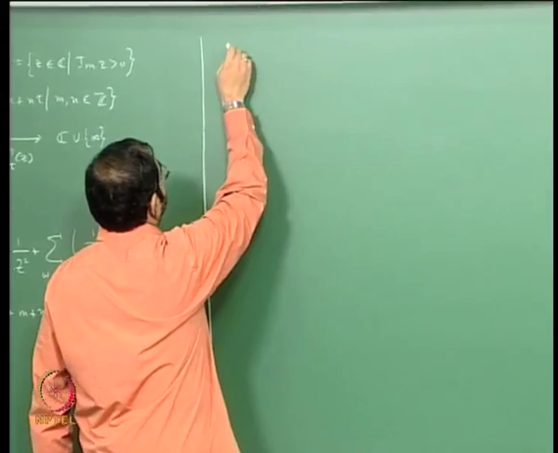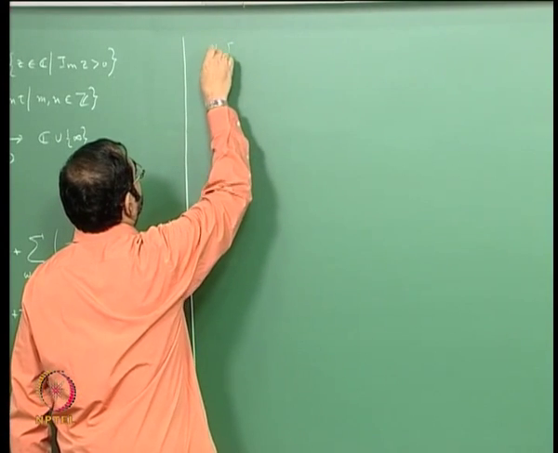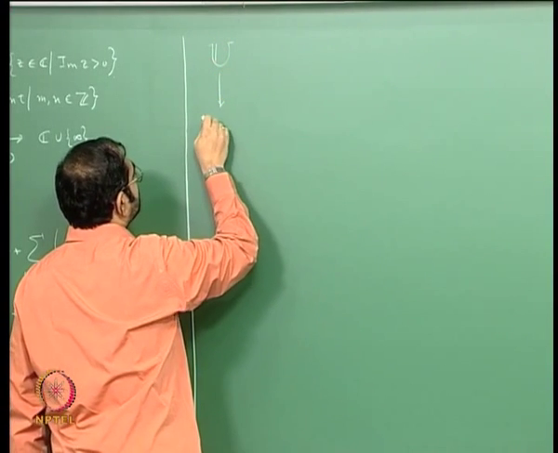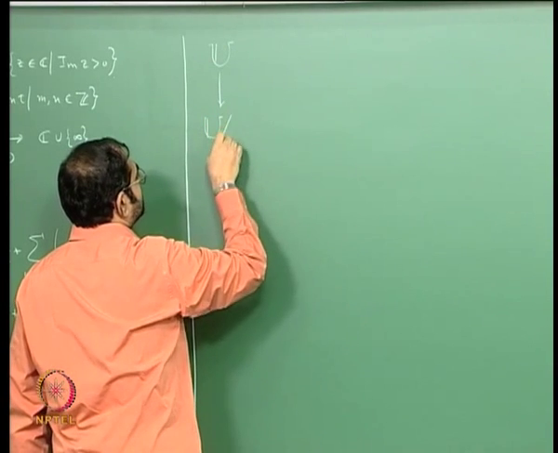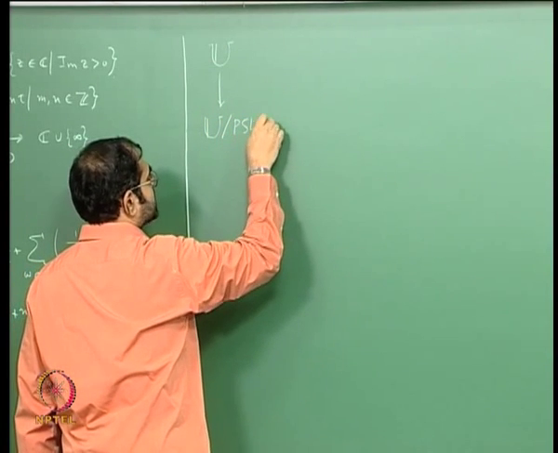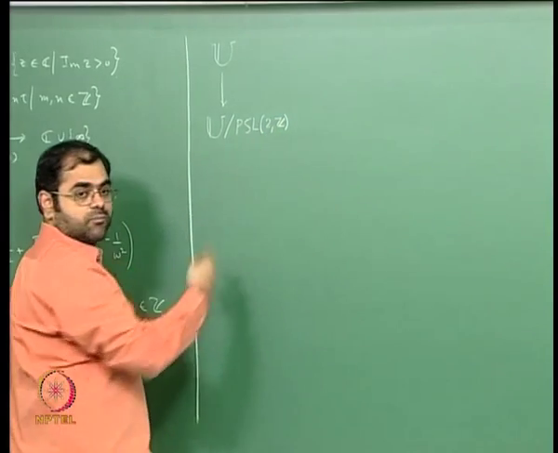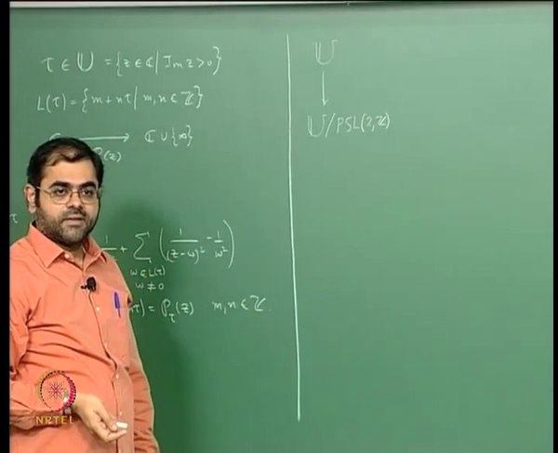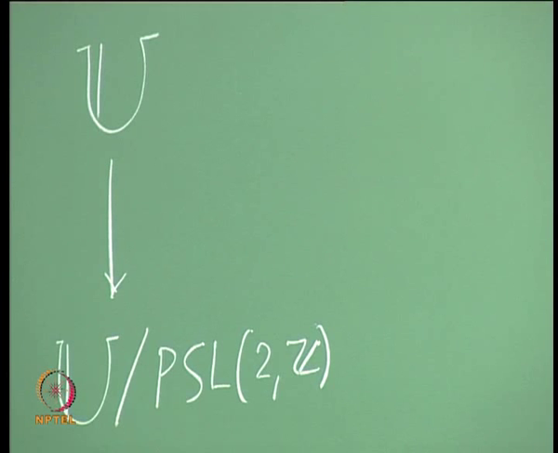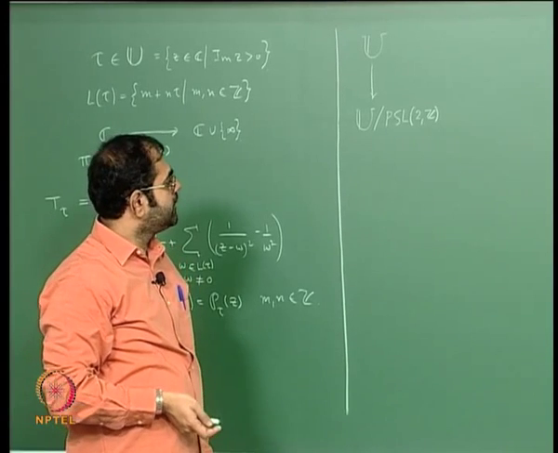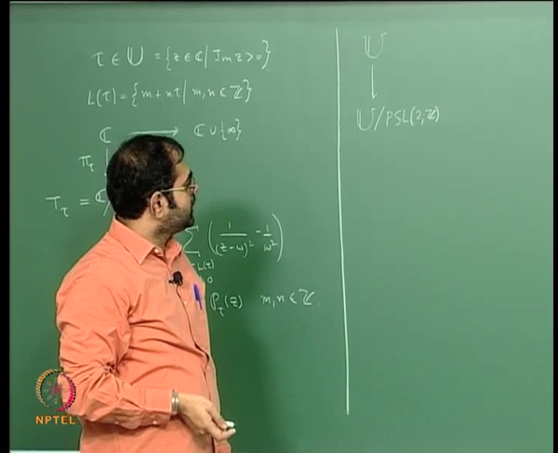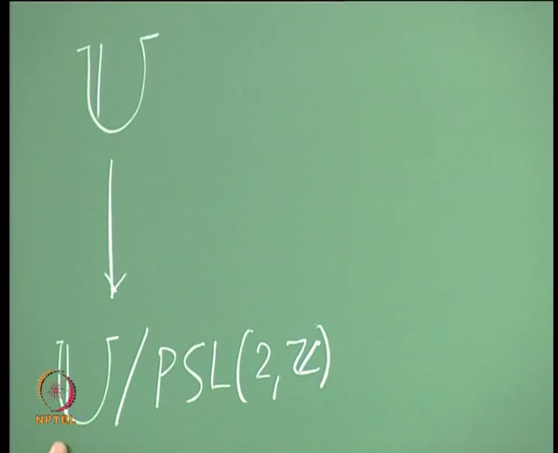Our aim was to show that if you go modulo the upper half plane by the unimodular group PSL2Z, Mobius transformations of the form z going to (az+b)/(cz+d) with a, b, c, d integers and ad minus bc equal to plus or minus 1, we have already seen how this can be made into a Riemann surface.